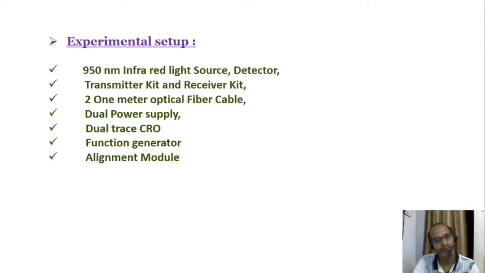Experiment setup: equipment required: 950 nanometer infrared LED light source, detector, transmitter kit and receiver kit, 2 meter fiber, or you can say 1 meter 2 unit optical fiber cable, power supply, CRO, function generator and alignment model.